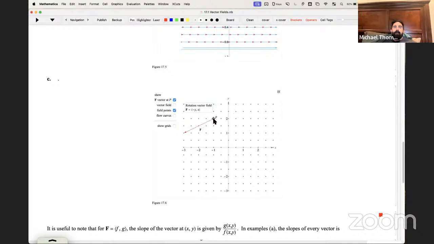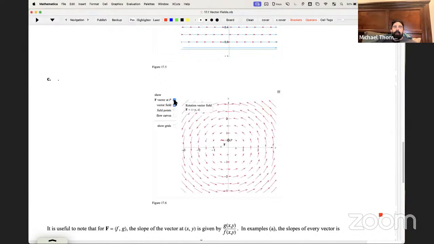And we could do that for every single one of these points. What you'll notice is as you get further away from the origin, the vectors get longer. As you get closer to the origin, the vectors get shorter. So if you were to plot them all and scale them down proportionately, your vector field would look like this.